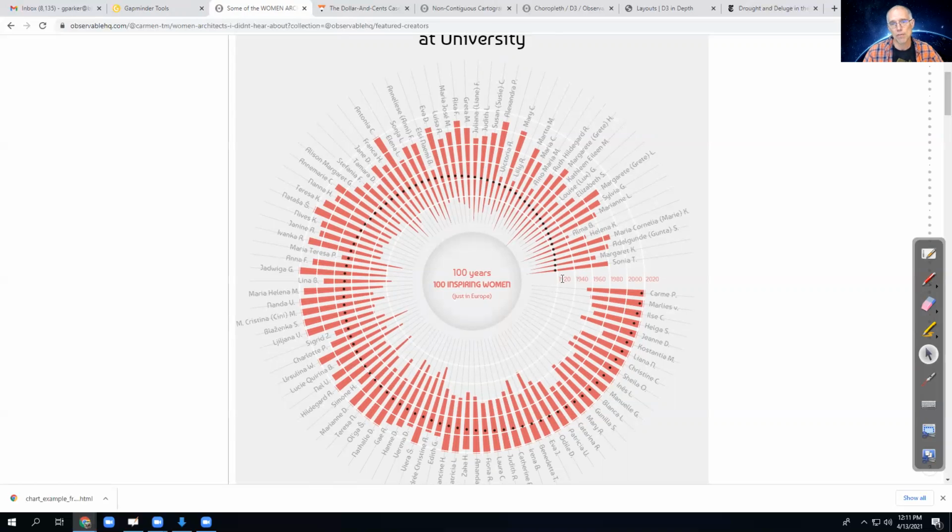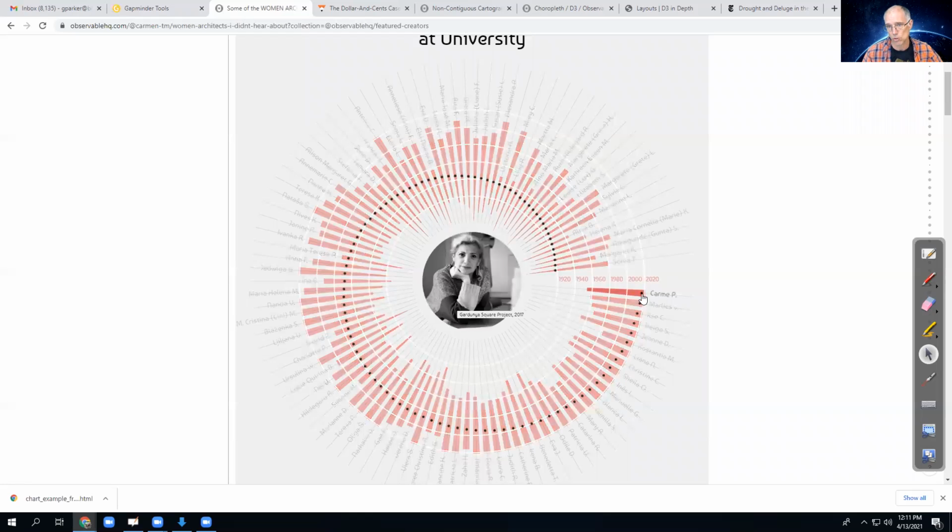So we have this axis here, the 1920s, 1940s, 60s, 80s, 2000, 2020s. The lines here are the lifespans of these women. So this woman lived from the early 1900s up to the 1960s. And these ones on the edge were born in the 40s or 50s and lived into the 2000s and perhaps are still alive because they're up in the 2020 area here.